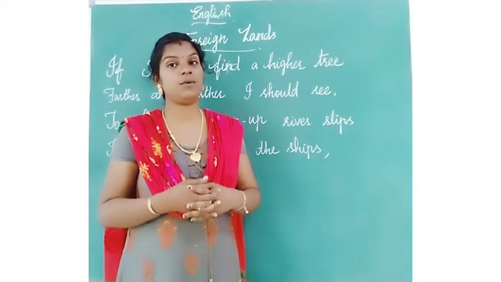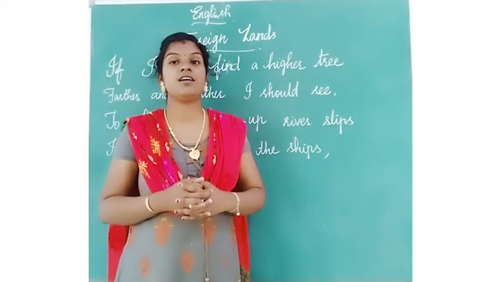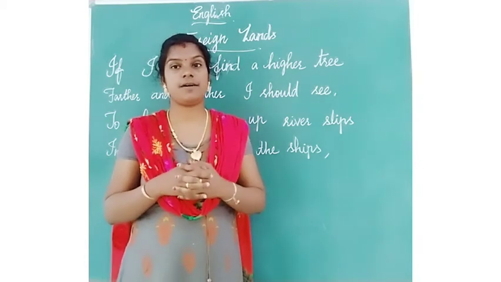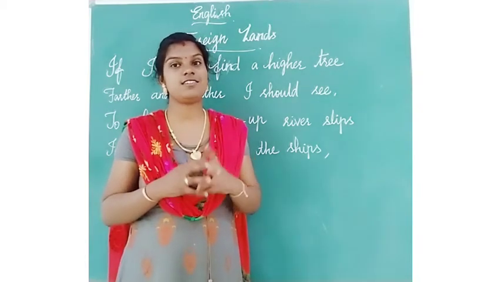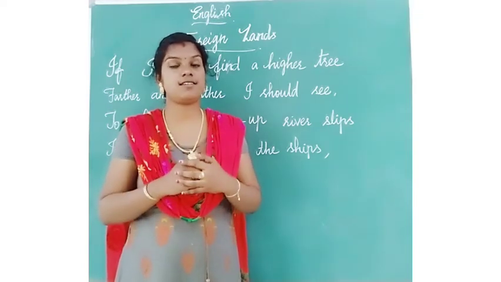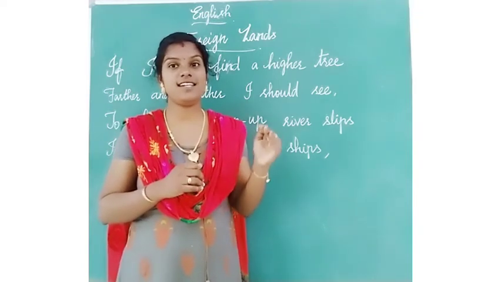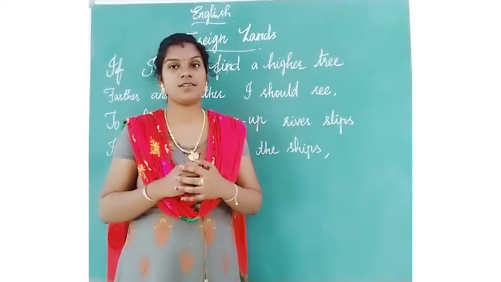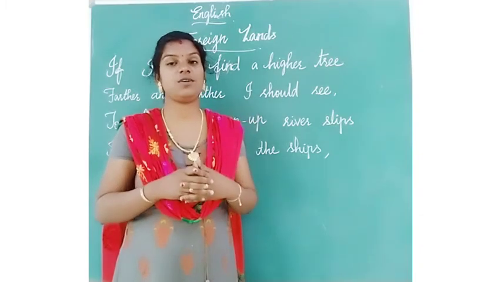In that poem, which tree is mentioned? Cherry tree. Who climbed up into that tree? The little child. How many hands did she use? 2 hands. Very good.